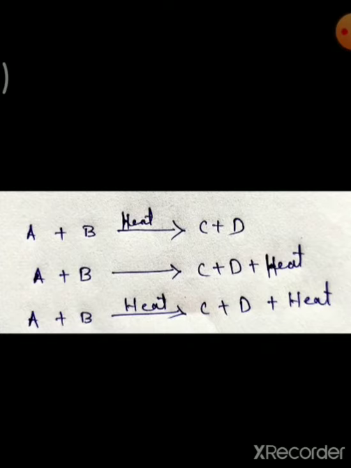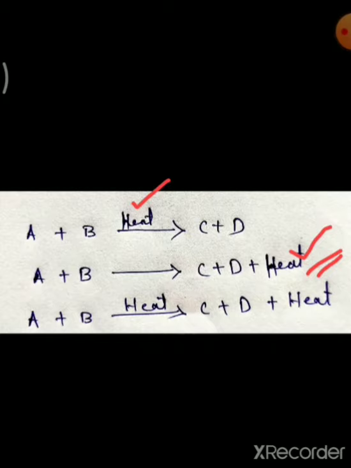So about this I told you that for heat this triangle symbol we can give. Okay. So if heat is written on the arrow mark, that means here heat is a reactant. Then here in the reactant heat is not there, but in the product heat is there. That means after the reaction heat is released.